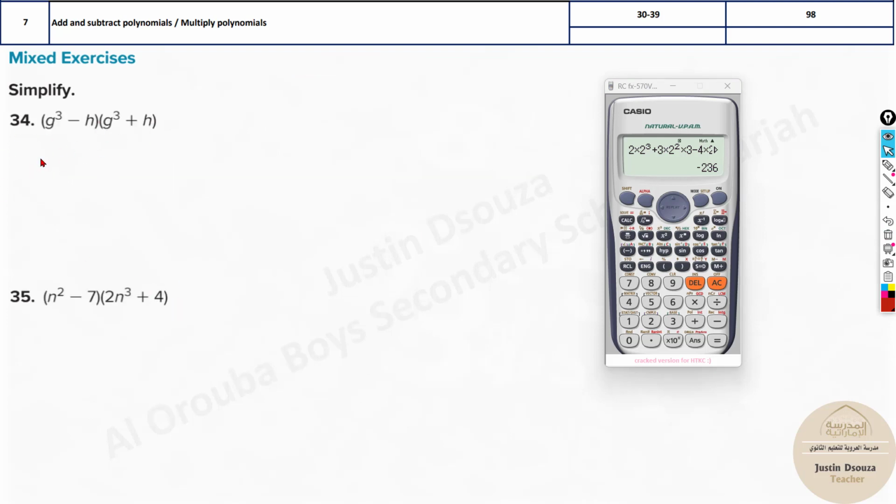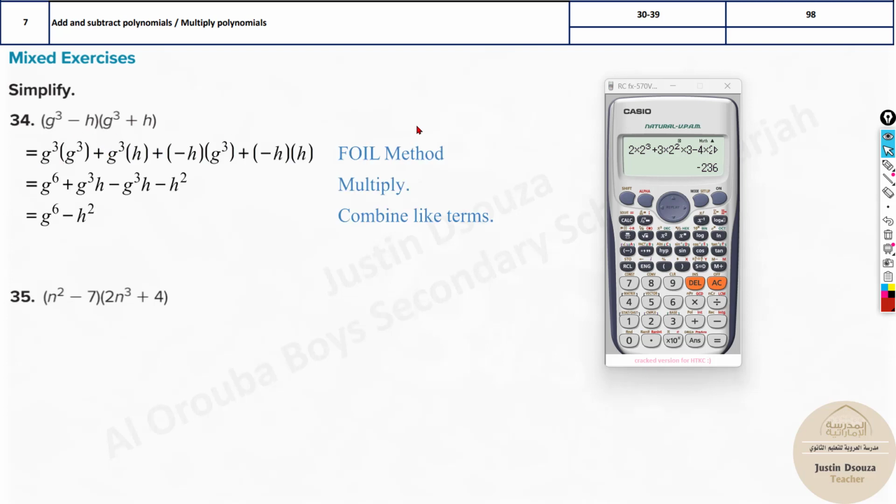You can just start multiplying by yourselves. See, now here, let me just iterate. There are a few formulas as well. Now, what is done over here? The FOIL method. This times this and this. Yes, they have done the FOIL method. But do you know there is a formula, (a plus b)(a minus b)?